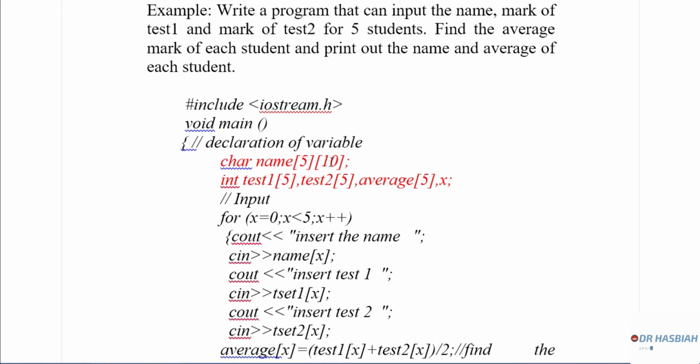After the 5, I put 10 here. What does 10 mean? It means the size of your name. If I put the size of my name as 10, you can input characters into the array box up to how many characters? 9, because the last box is reserved for the \0 or null character.